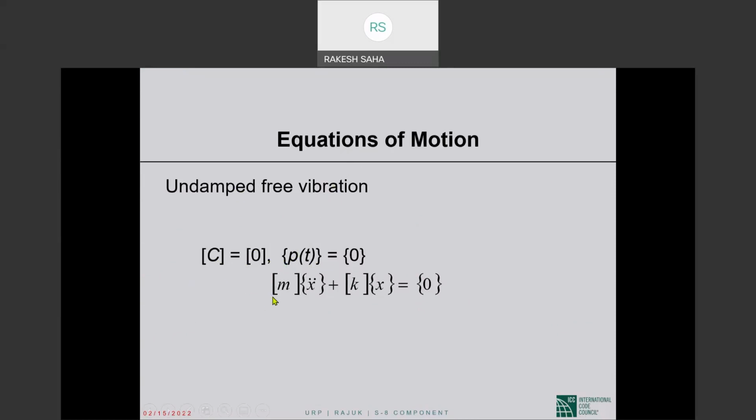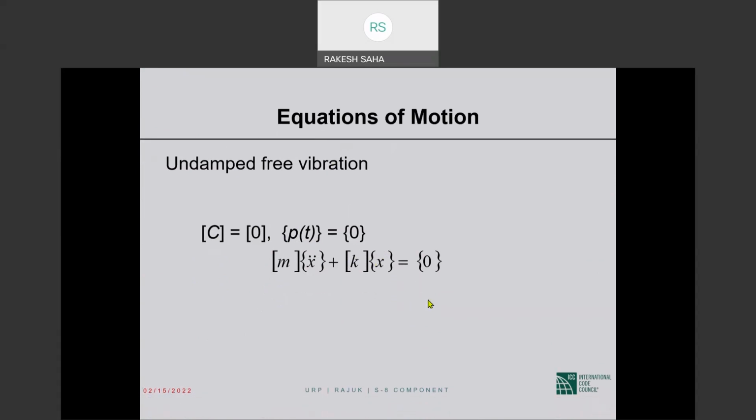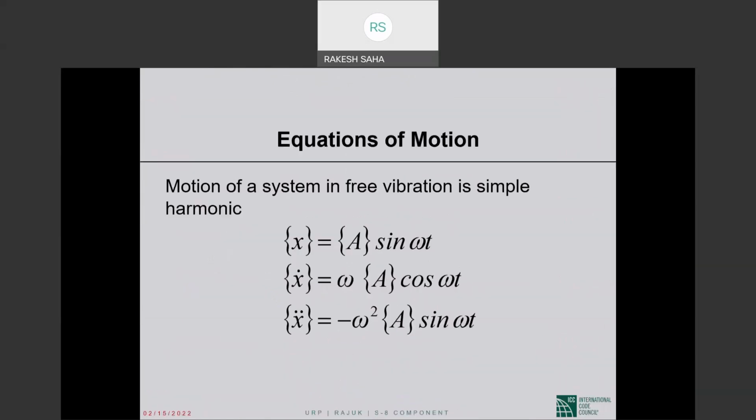Then the equations of motion get reduced to mass matrix times acceleration vector plus stiffness matrix times the displacement vector is equal to the null vector. Okay. Now we say motion of a system in free vibration is simple harmonic. I that may be restricted to undamped systems.